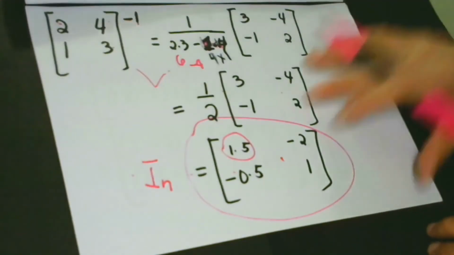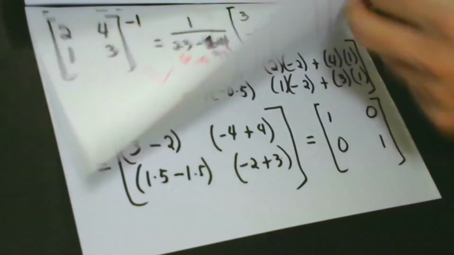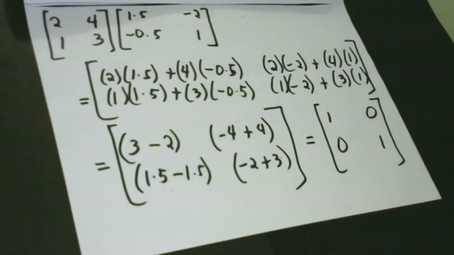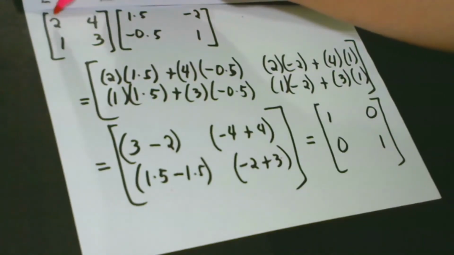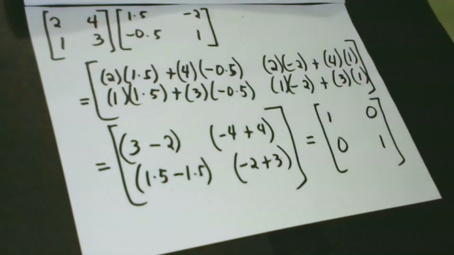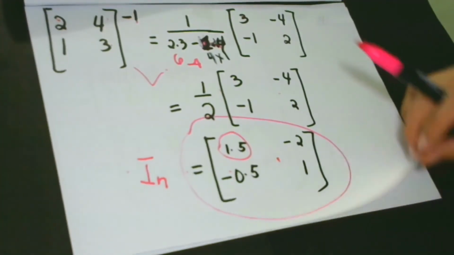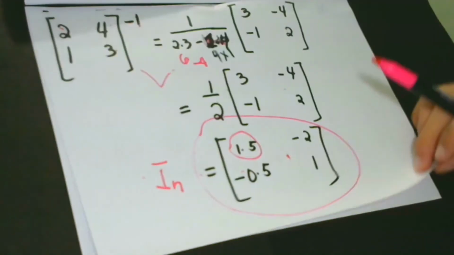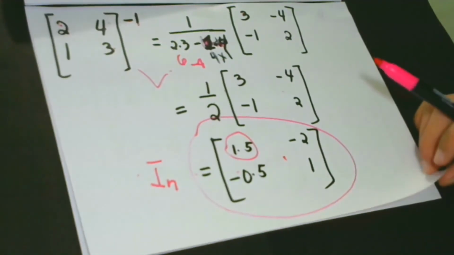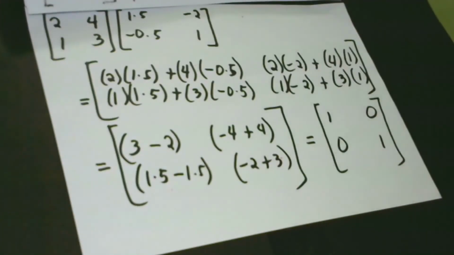Now let's find out. So let's write first the original matrix, that is 2, 4, 1, and 3, and then let's multiply that with its inverse, which is 1.5, negative 2, negative 0.5, then 1.